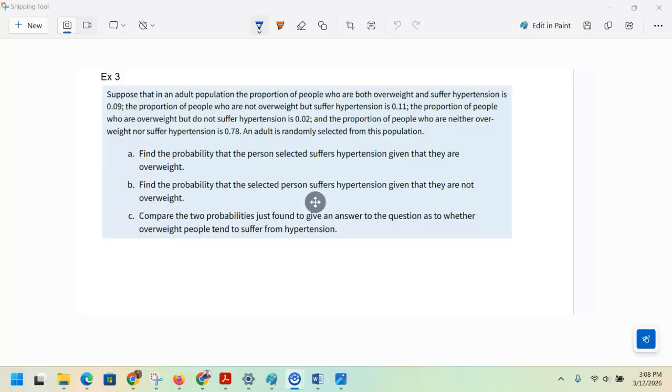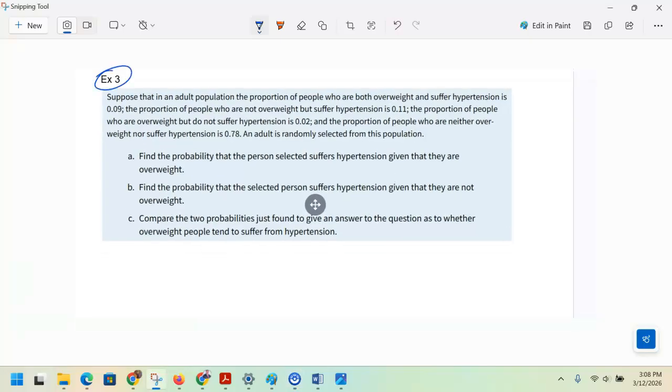Okay, so this one is example number 3. It says suppose in an adult population the proportion of people who are both overweight, so this is very important, overweight, and suffer from hypertension is given to you as 0.09.